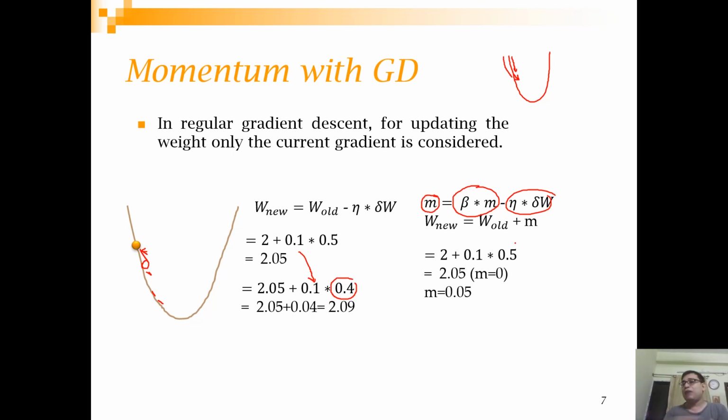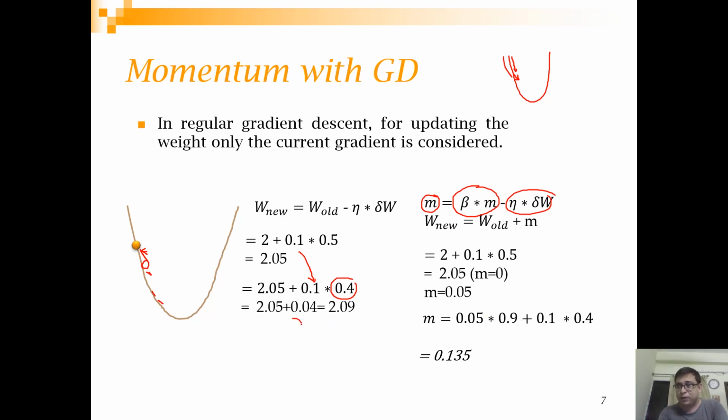Initially, we start with m equal to 0. So in the first step, there will be no difference between your gradient descent and gradient descent with momentum. You are still with 2 plus 0.1 into 0.5, so 2.05. Now the value of m is 0.05, and you are going to calculate m as 0.05 into 0.9 plus 0.1 into 0.4.